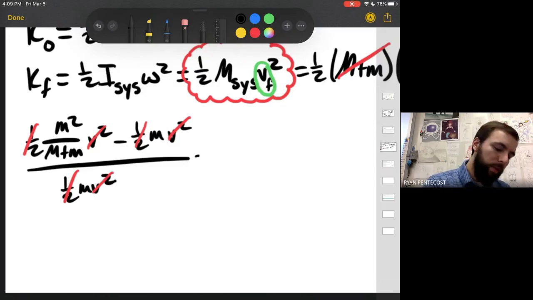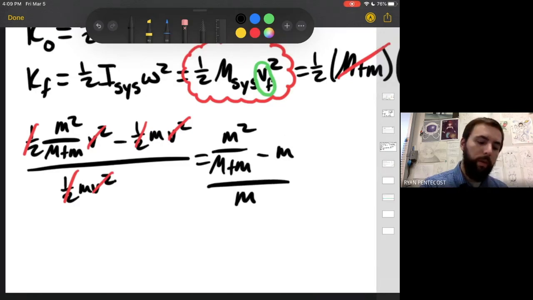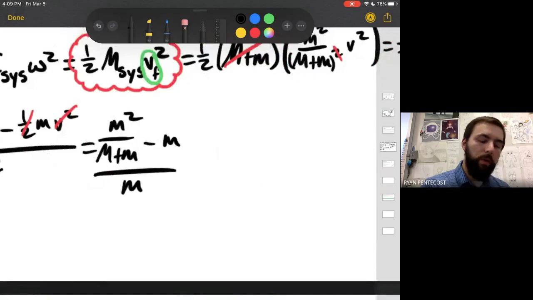So this becomes little m squared over, let's stay consistent, big M plus m minus little m divided by little m. Now what I'm going to do here, this is just my take on the easiest way to do this algebra. Algebra can be done in various ways. So if you have a better way of thinking of your algebra in your math brain, go ahead. But I'm going to multiply by the reciprocal.